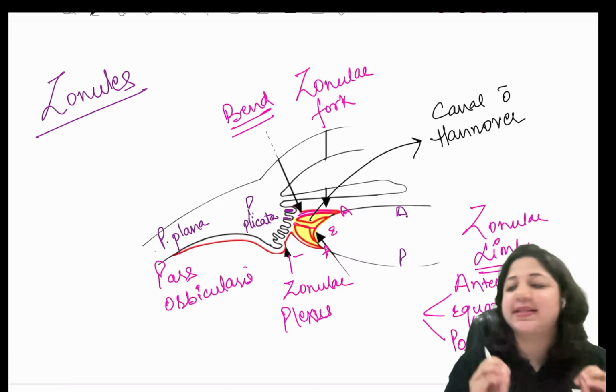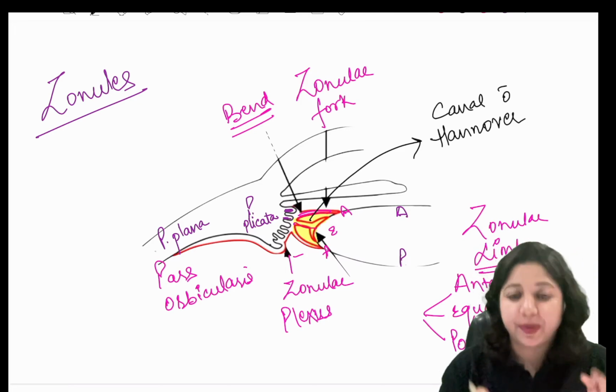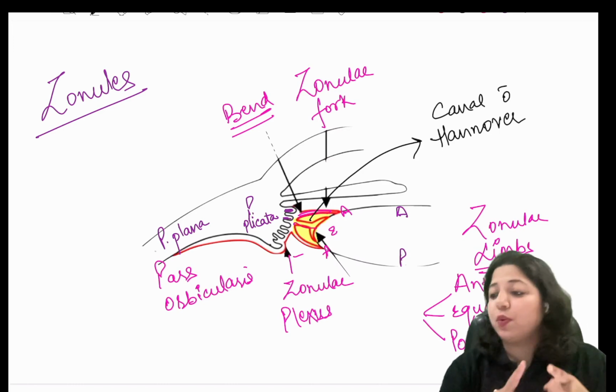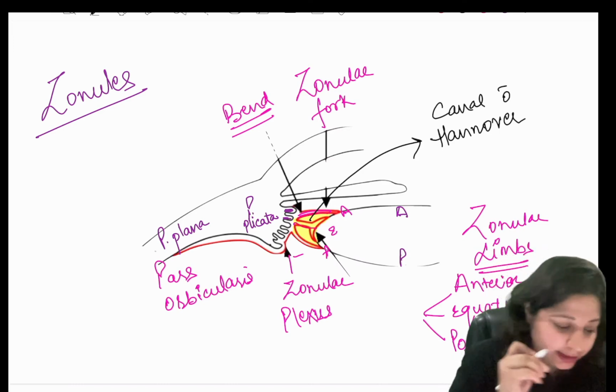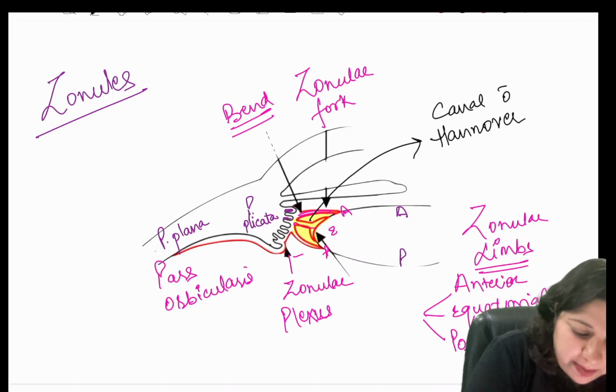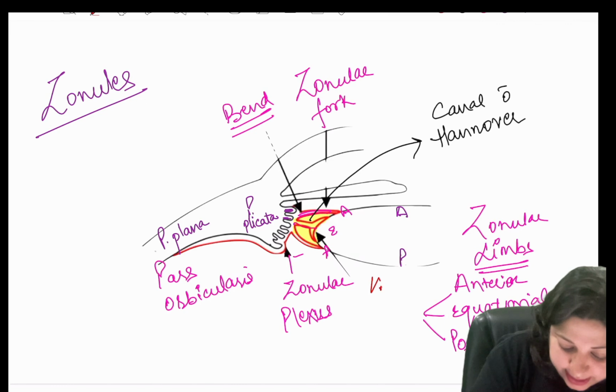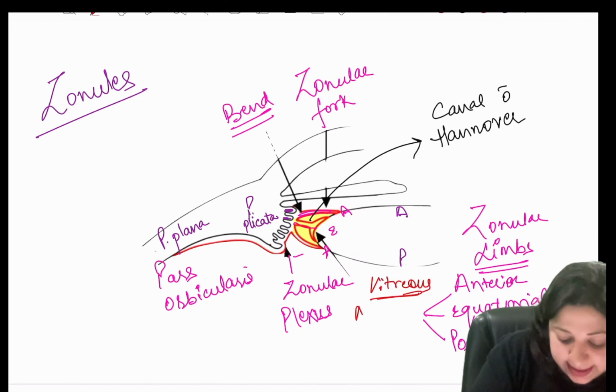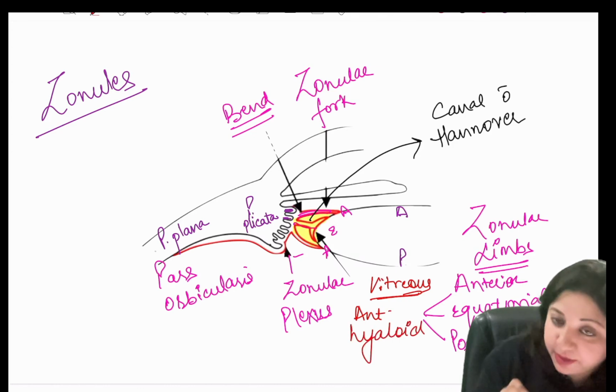Right? So this is Canal of Hanover. Now the question was, what is Canal of Petit? Now if I mark this part here in red, here this is the posterior part, so this is vitreous, or this is anterior hyaloid, right?